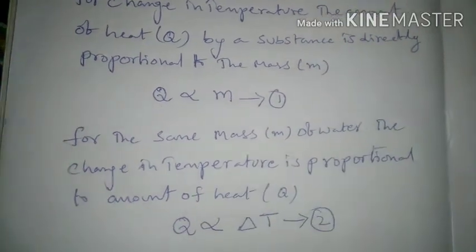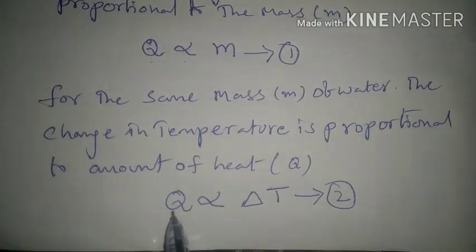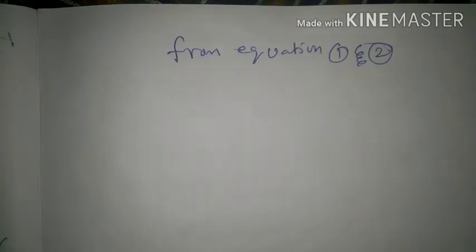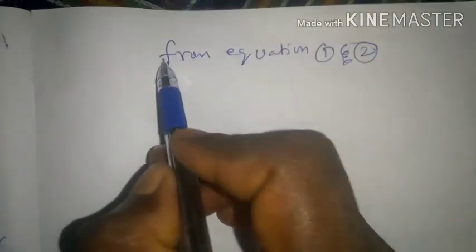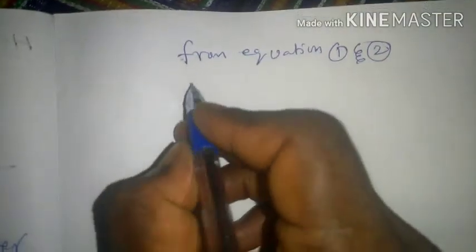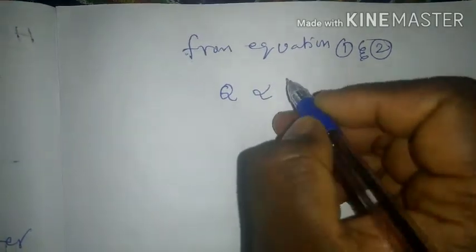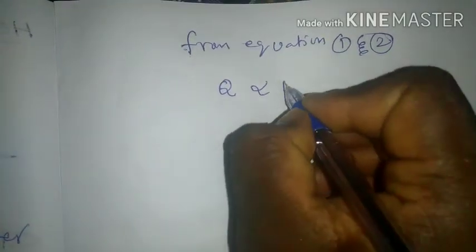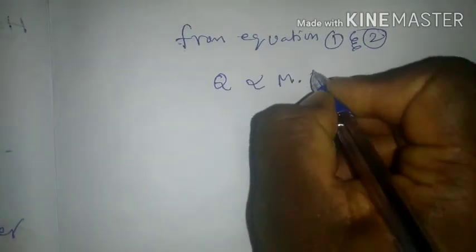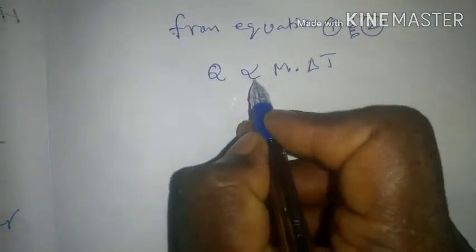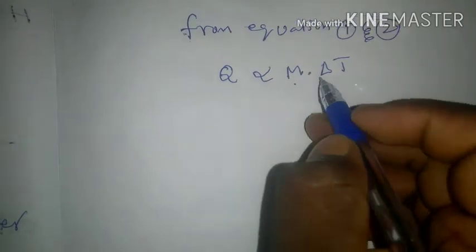From equation 2, Q is proportional to delta T. So from equations 1 and 2, capital Q is proportional to m into delta T.